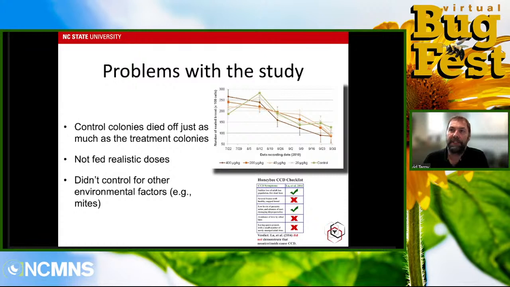And so when your placebo control group doesn't have any benefit compared to the ones that are supposed to be dying off because of these pesticides, it really doesn't show very strong evidence as to the underlying reason. A lot of the other factors within the bee system also were not controlled for. And so this study is really not very strong evidence one way or the other as far as any underlying cause for colony collapse disorder.